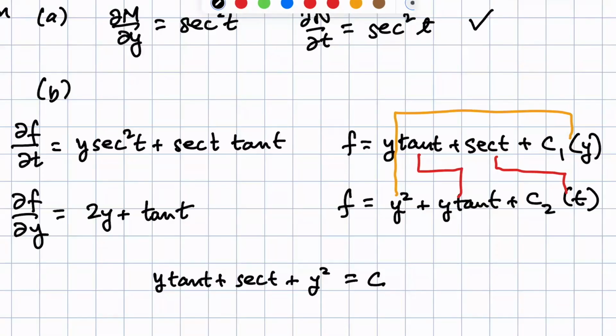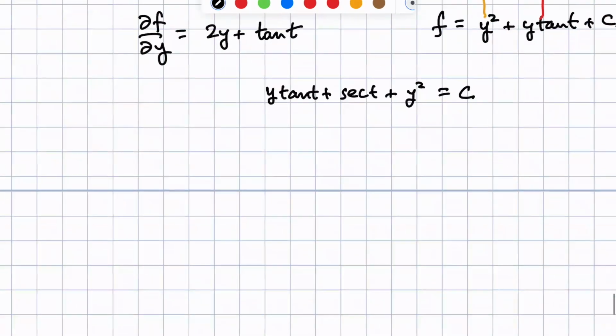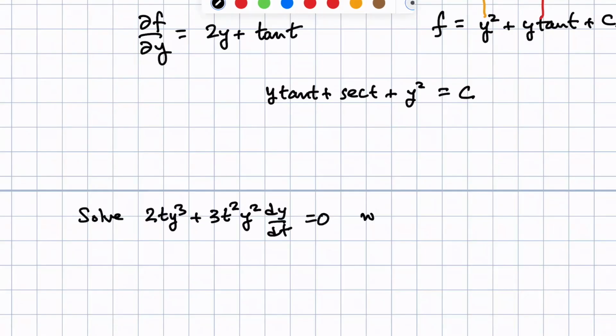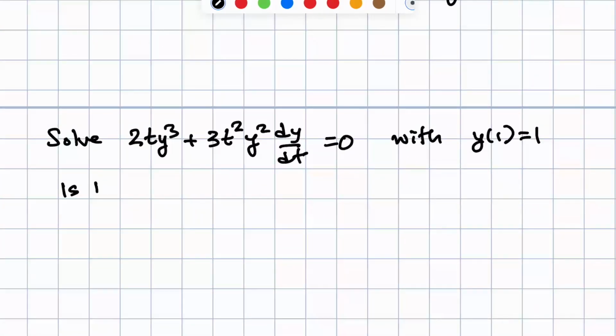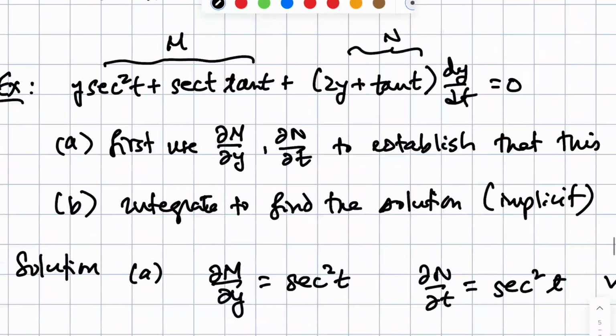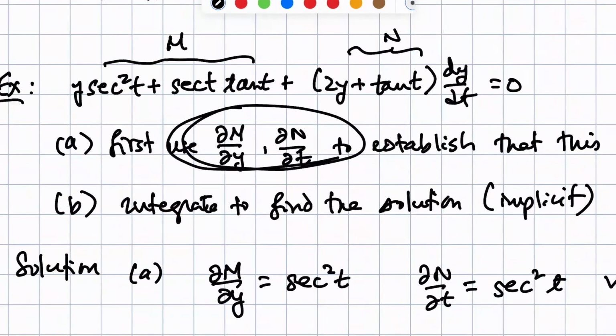All right, let's just do one more for giggles. Solve the following: 2ty cubed plus 3t squared y squared dy/dt equals 0 with y of 1 equals 1. So I'm just going to ask, is there an f such that...? You don't ever have to do this piece right here.